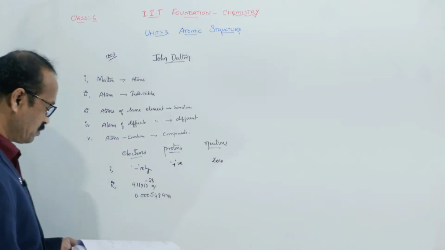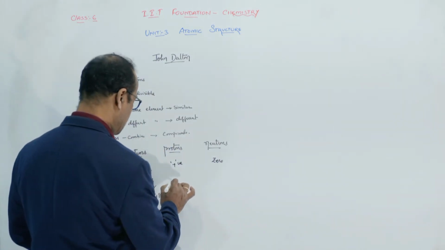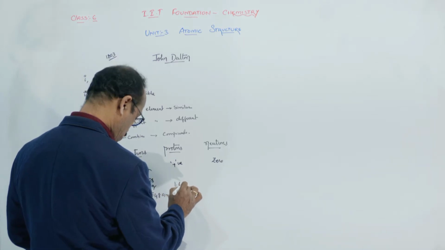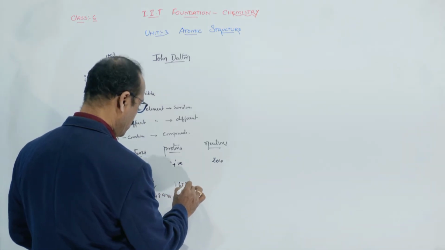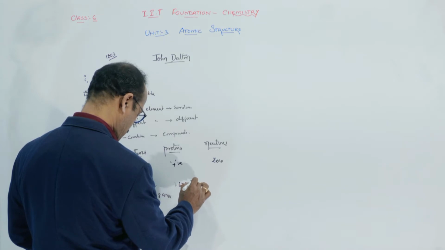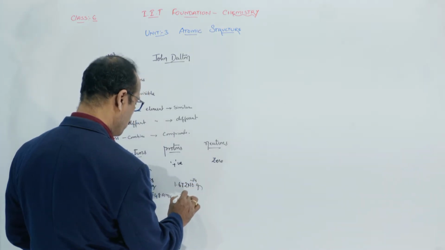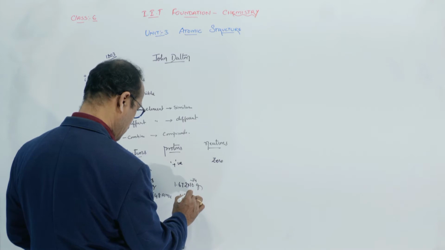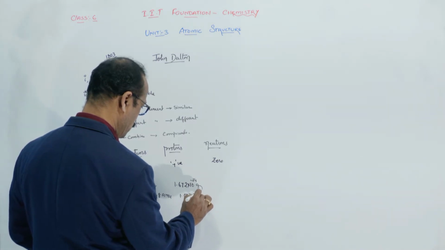Now what is the proton's mass? The proton's mass is 1.672 into 10 to the power of minus 24 grams, or 1.007277 AMU.